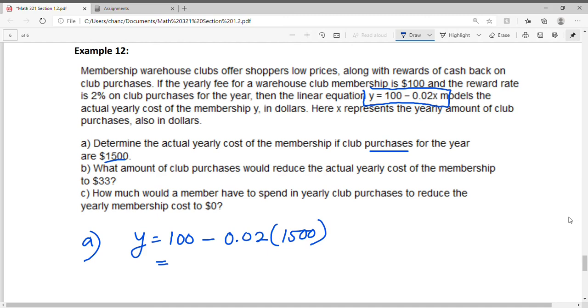Now this is just a calculator question, so please plug it into your calculators and check with me to make sure your answer is correct. And this gives us $70. We know if you spend $1,500, you'll actually be paying $70 for that membership.